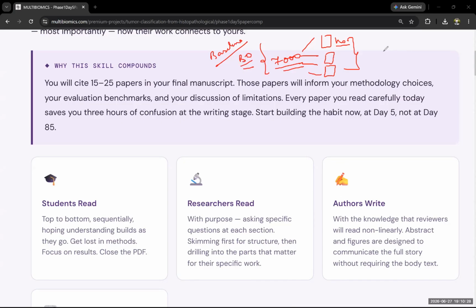Because later on, after finishing the project, we came to know that we cannot group and give an equal number of images to the computer. What happens is that images from one patient, when we do equal stratification, may leak into the second group, so patient IDs get mixed up.